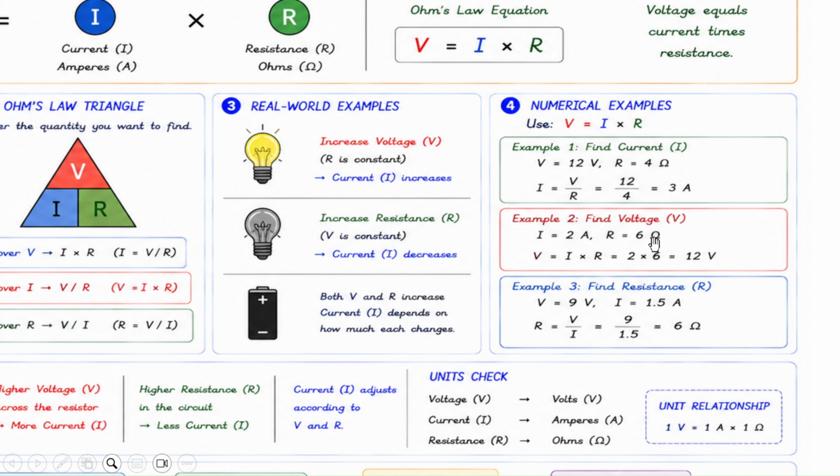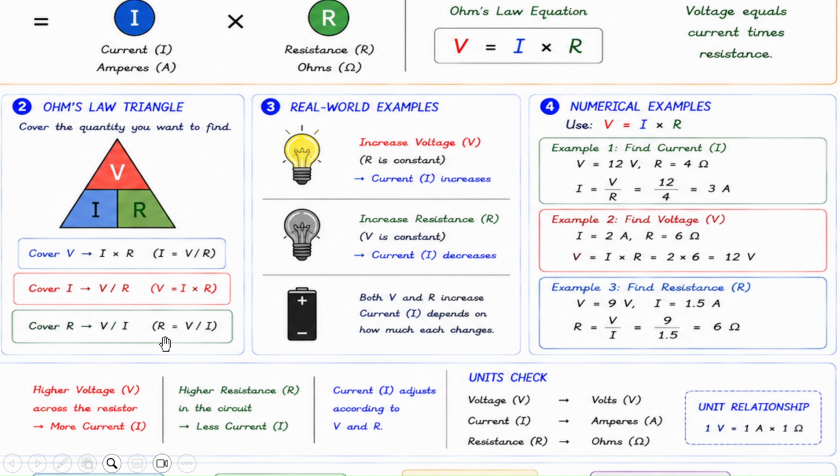And when we want to find the voltage, we just simply multiply, as in the equation we've seen earlier: V is equal to I times R. We plug in 2, which is the current, times 6, and we get 12 volts. And finally, the resistance.